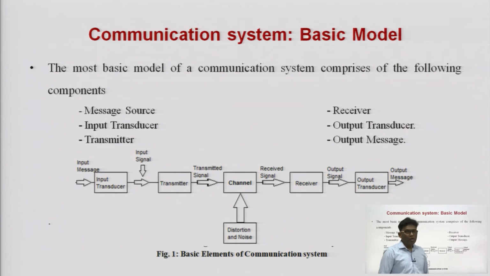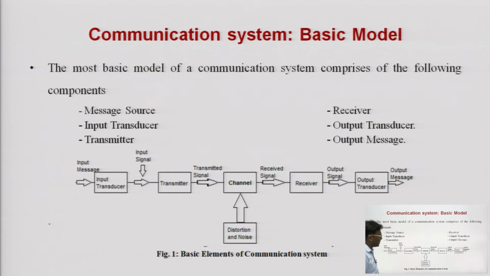So, this slide shows you the basic communication system model. In any communication system we have these blocks: the input transducer, transmitter, channel, receiver, and output transducer, and the channel is affected by distortion and noise.